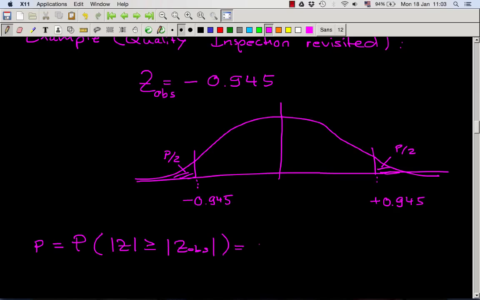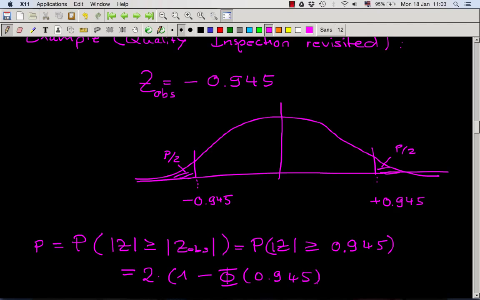That gives us 2 times 1 minus phi, where phi is the cumulative distribution function of the standard normal distribution, plugging in the absolute value of z_ops. This should be p by 2, because that's exactly one of these two areas here.